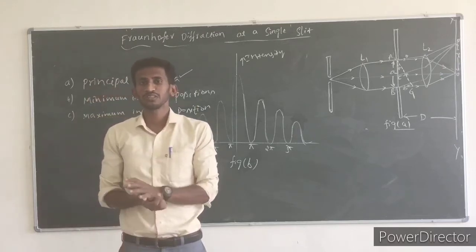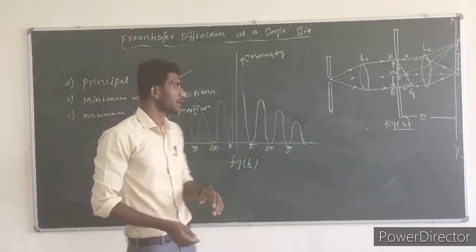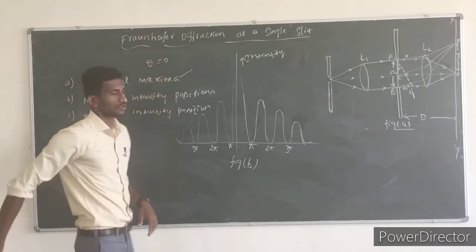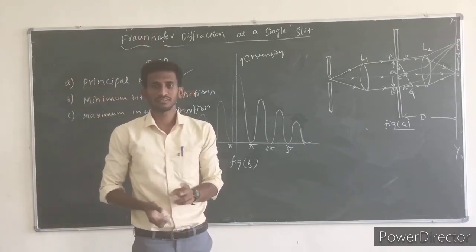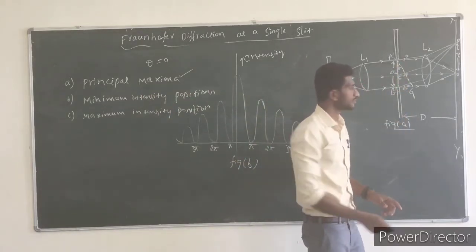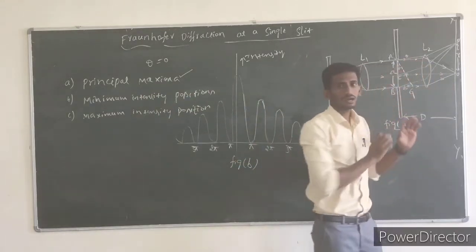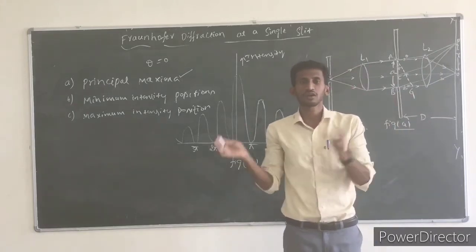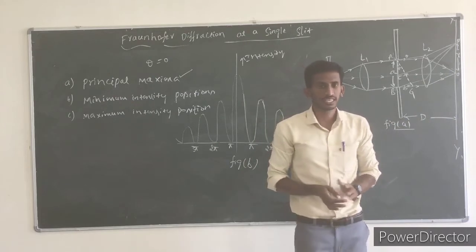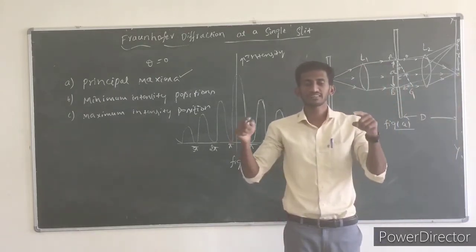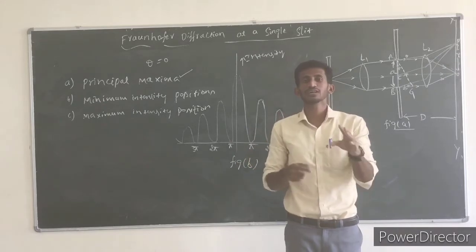The principal maxima we can get only when theta is equal to 0. Theta is equal to 0 means the secondary wavelets travel normally and reach the position O. It means the secondary wavelets are interfering constructively.